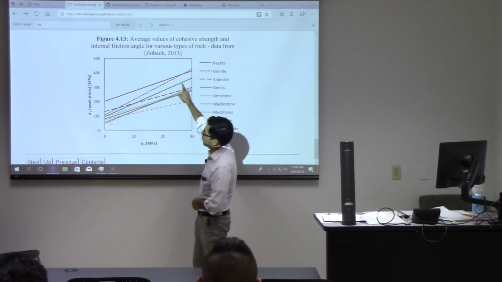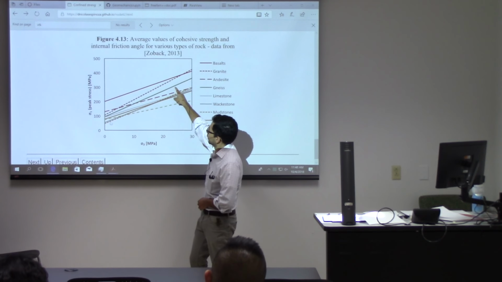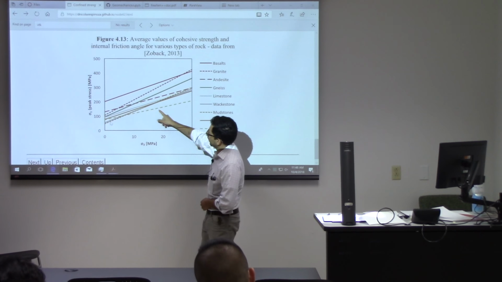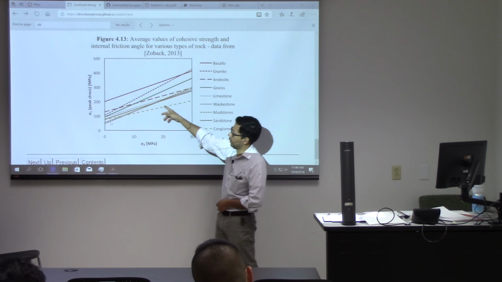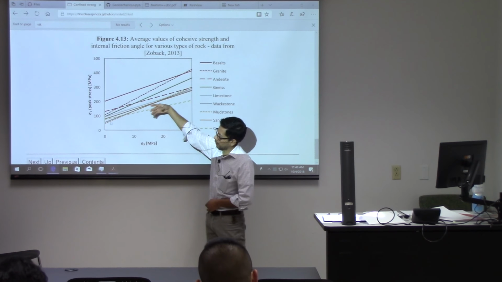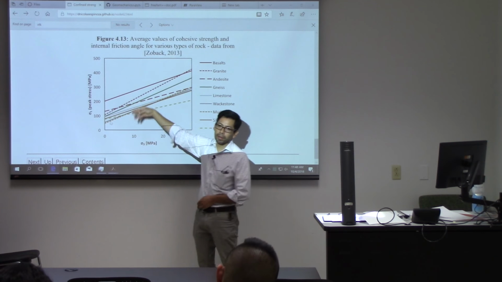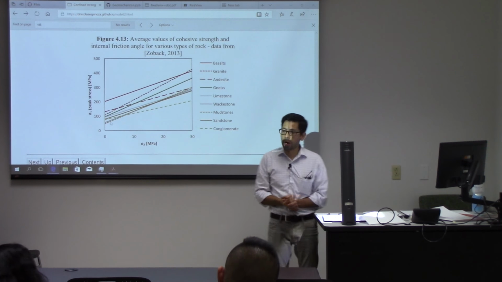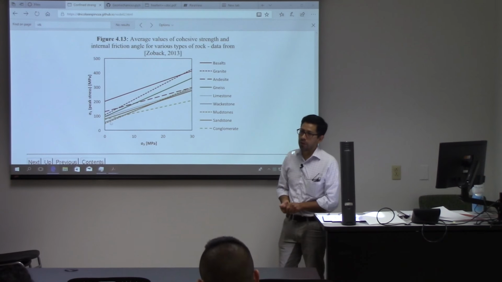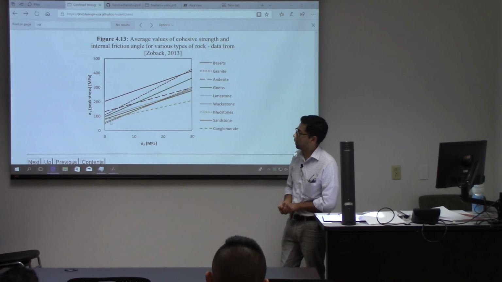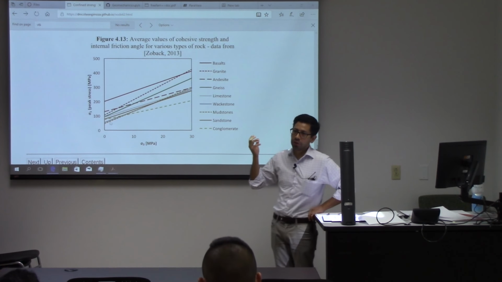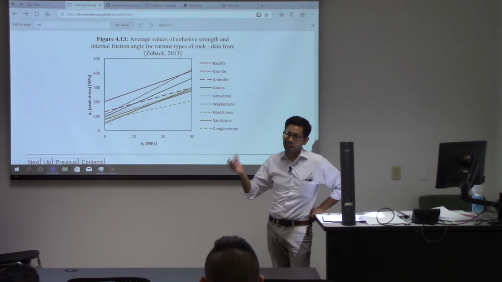Here we have a metamorphic rock in green, and all of the rest are sedimentary rocks, usually weaker than the igneous rocks and metamorphic rock, depending on which rock you're talking about. But probably, when you think about the rock, you have an idea about a granite.